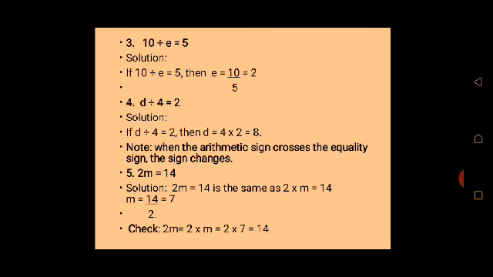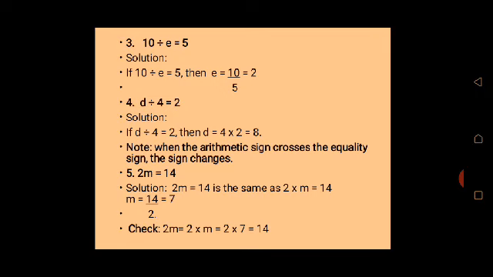Example 3. 10 divided by e is equal to 5. To find the value of e, we are going to divide 10 by 5. Yes, it is simple because 5 times 2 is what? 10. He has already said the answer.